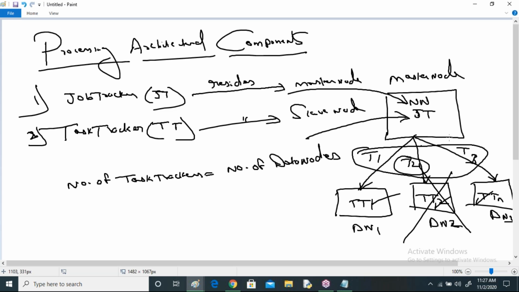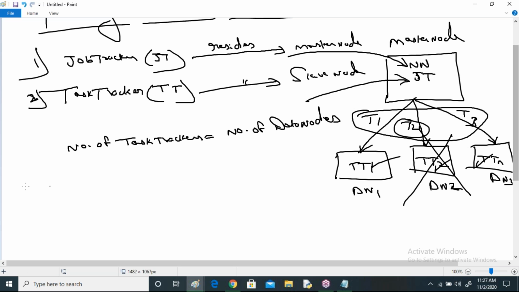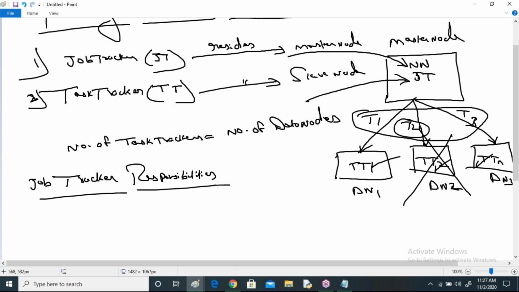Now, job tracker responsibilities. First one, task assignment.